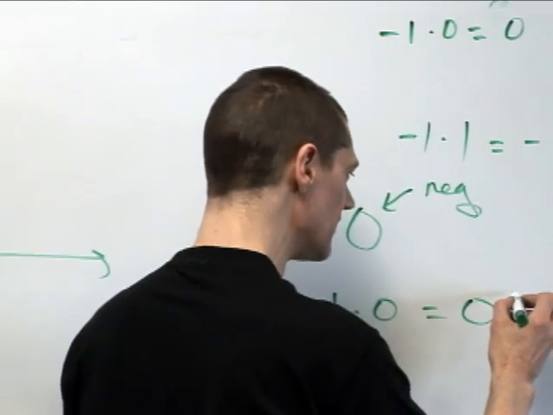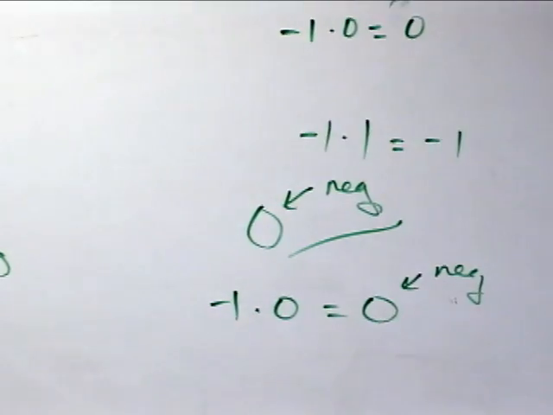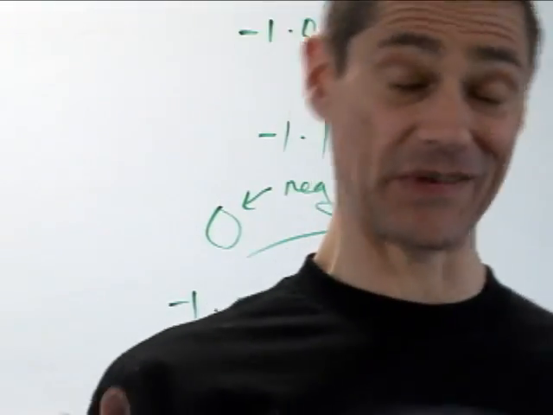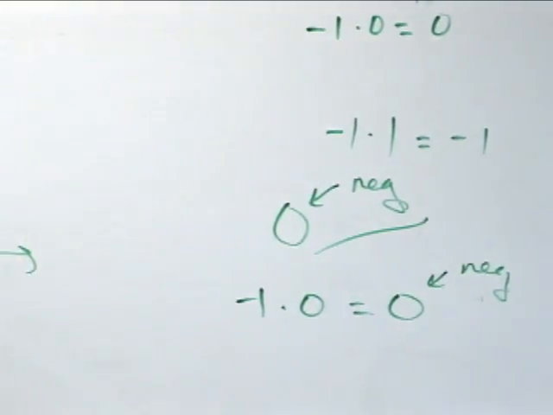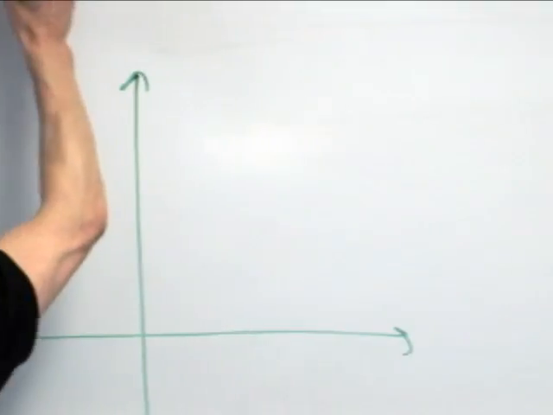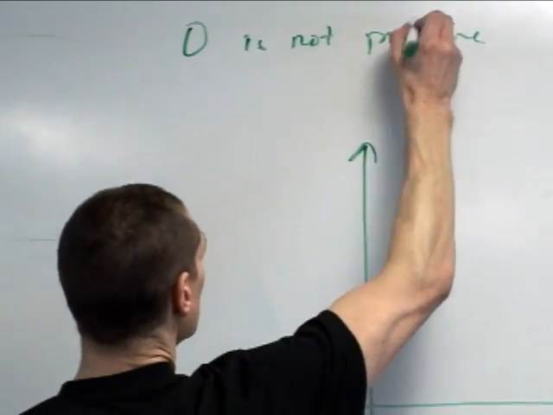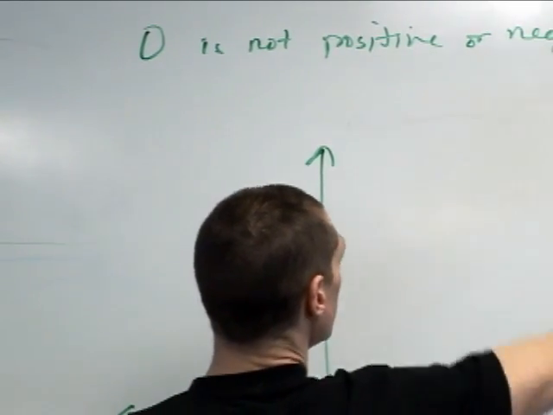But this is negative because we decided it was negative to start with. So the reason why I brought this up is, number one, 0 is a neat number. It has a lot of cool stuff going on. But 0 is not positive or negative. Real number.